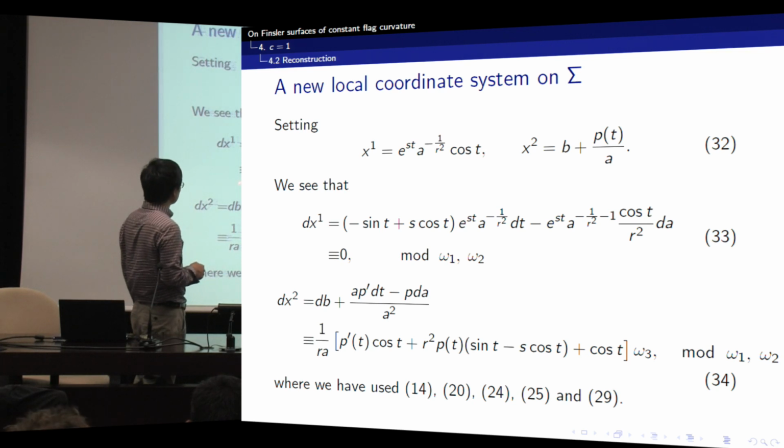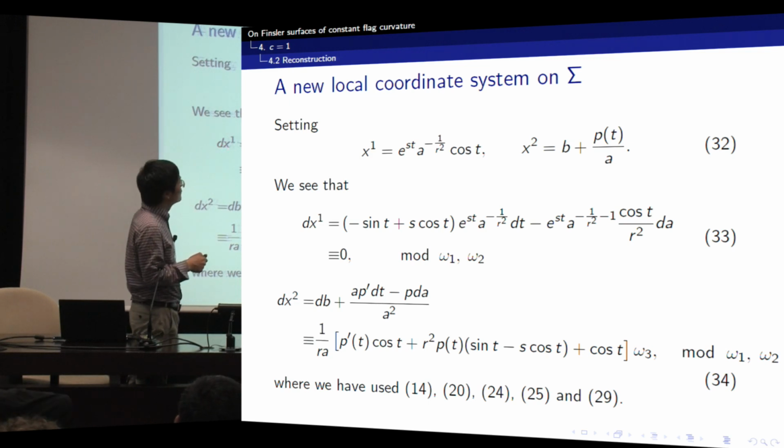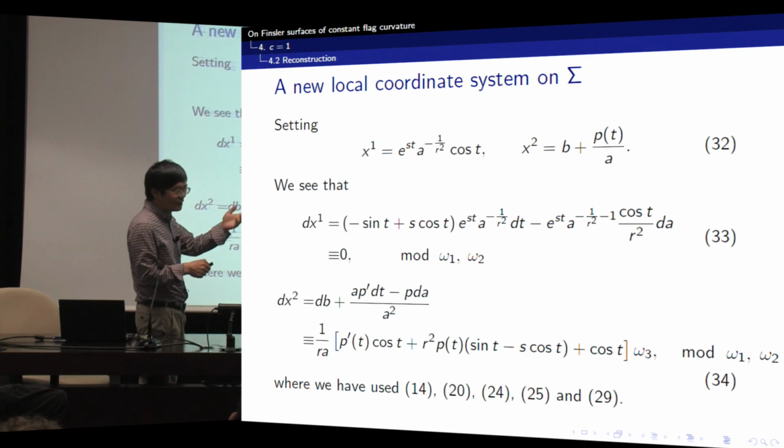What is P of t? P of t is a function, just a one-variable function, an arbitrary function. Next we will solve for this function.